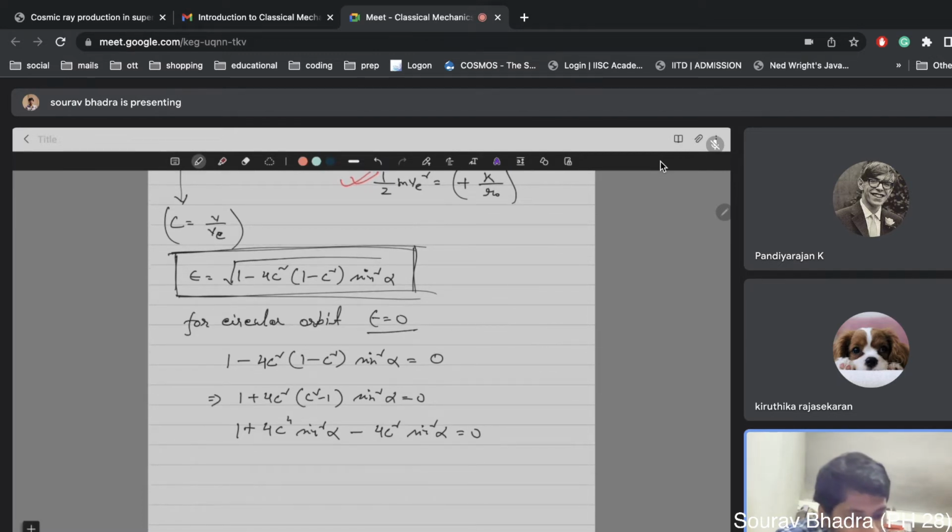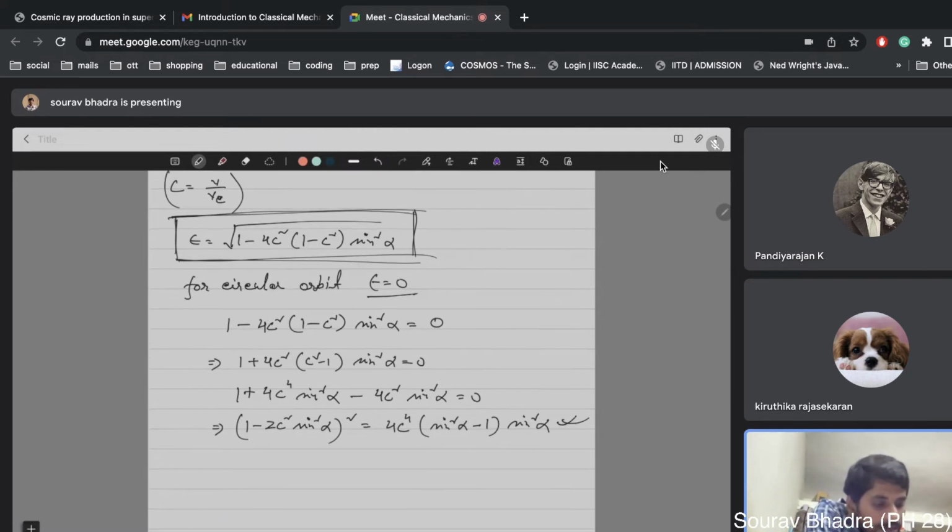Now if you do some trigonometric manipulation here, that will give you 1 by 2 c square sine square alpha equal to 4 c to the power 4 sine square alpha minus 1 times sine square alpha. Let me check. Yes, this is correct.